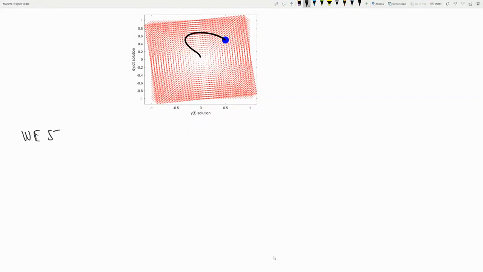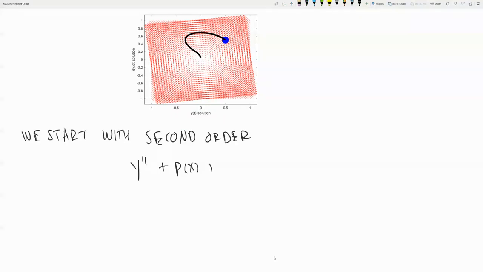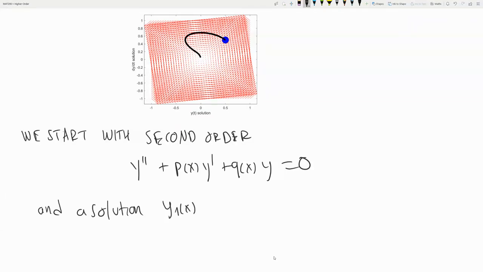We start with a second order ODE, and we're given a solution, y1, and we ask for a second solution.